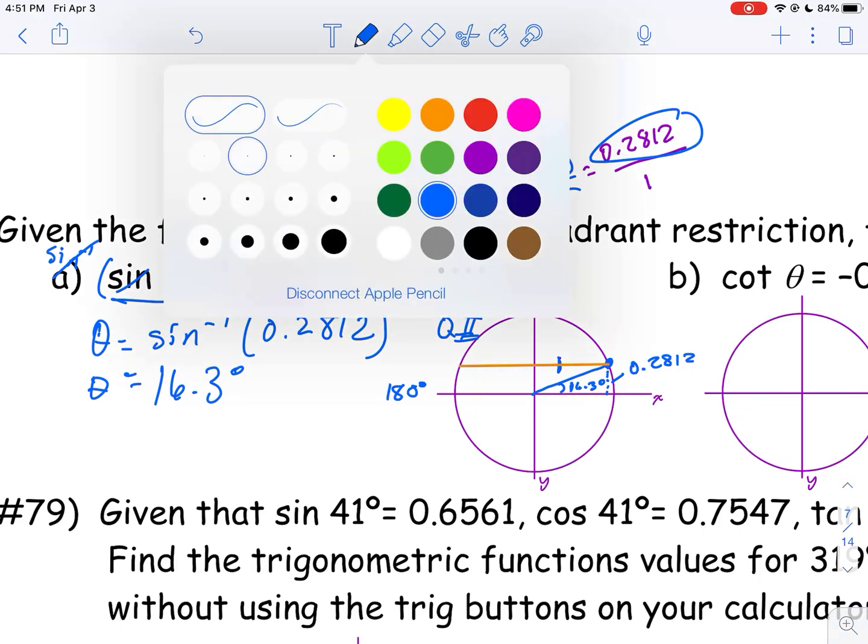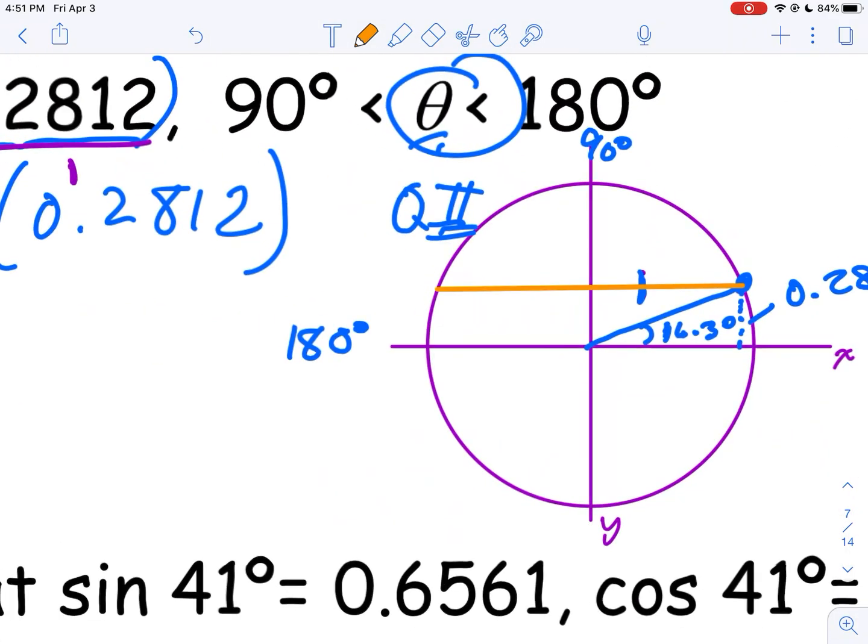We now know that this triangle, maybe I'll keep it in orange, here has the same height, 0.2812, as this triangle did over here. And the radius here is the same as this radius, and so we know that this triangle has to have the same angle here as this triangle did here.